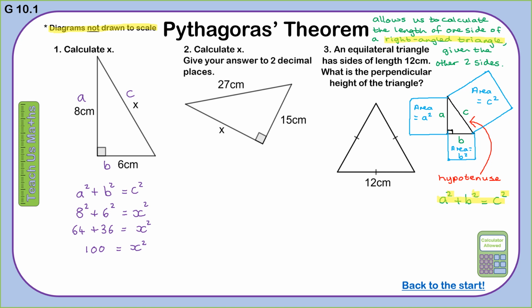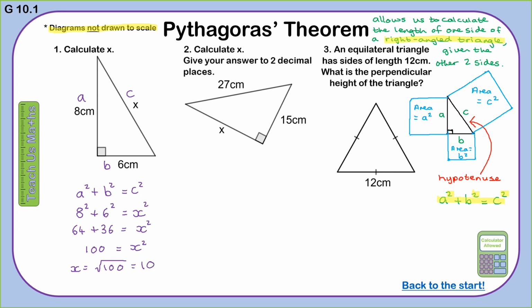So in order to find the value for x, we need to undo the squaring. That means we do the opposite of squaring, which is square rooting. So x is equal to the square root of 100, which is 10.